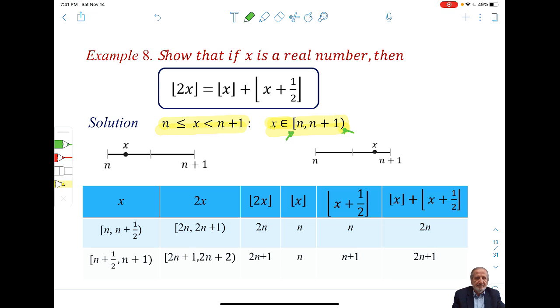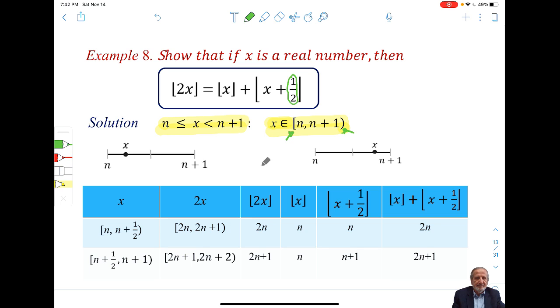Now, the problem here is, because of this 1/2, what happens if x is in this area here? If x is in this area here, when you add half to it, you will still be in this interval, and the floor function will be n. But when x is in this area here and you're adding half to it, it jumps to here, and then the floor function will be n plus 1.